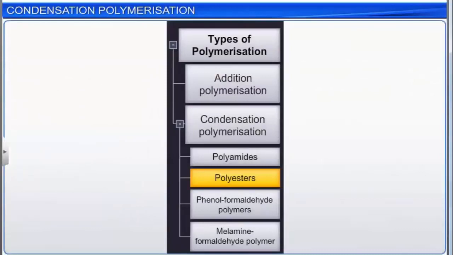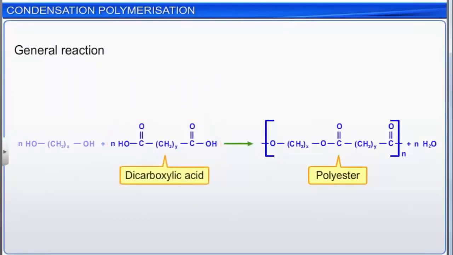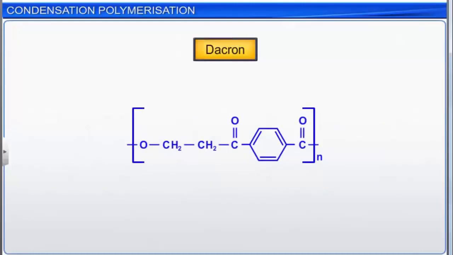Polyesters are another important group of condensation polymers. The general reaction to obtain a polyester is a condensation reaction between a dicarboxylic acid and a diol. Dacron is the trade name for polyethylene terephthalate, or PET, a common polyester.